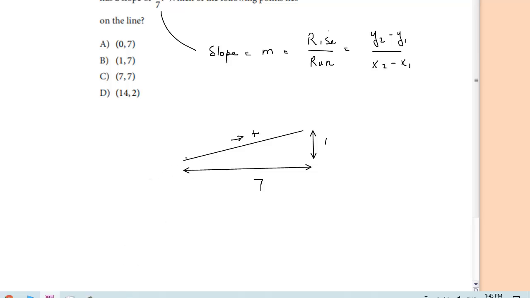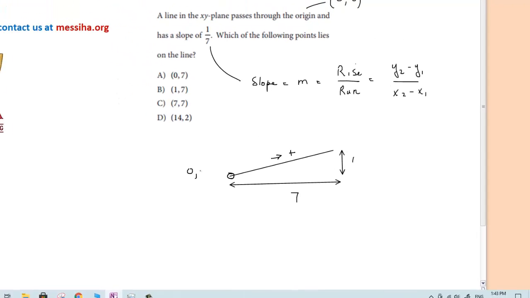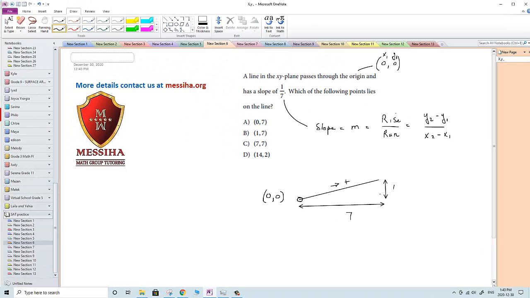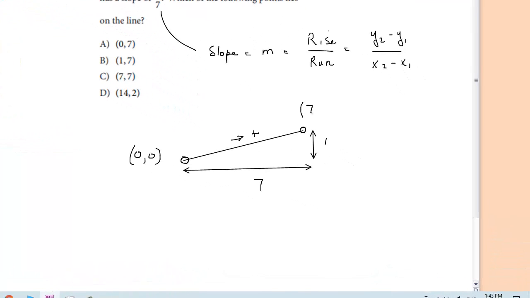If my original point is (0, 0), I can figure out which point can be on this line. From this I can predict that there is a point here, and this point is (7, 1). Now if I check (7, 1), I'm not going to find it in this list. But I need to find something that gives me the same slope.